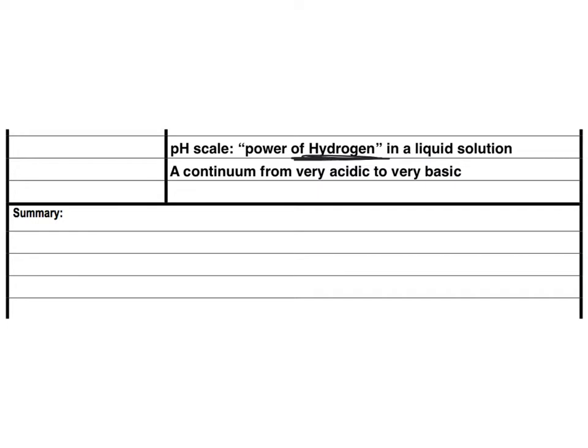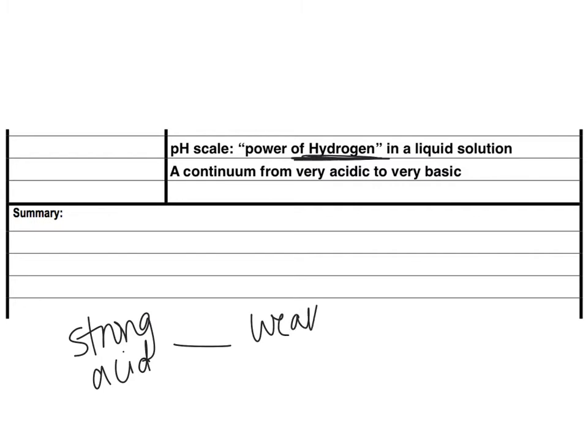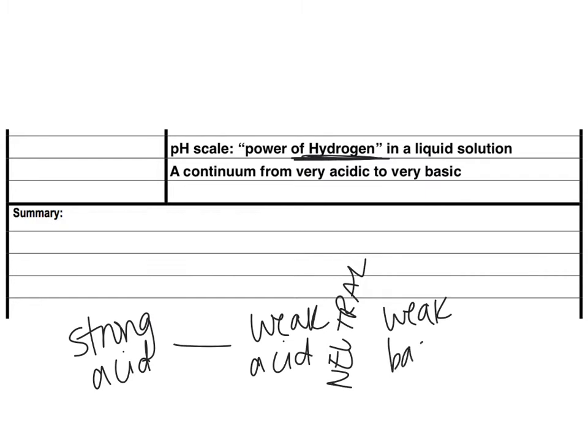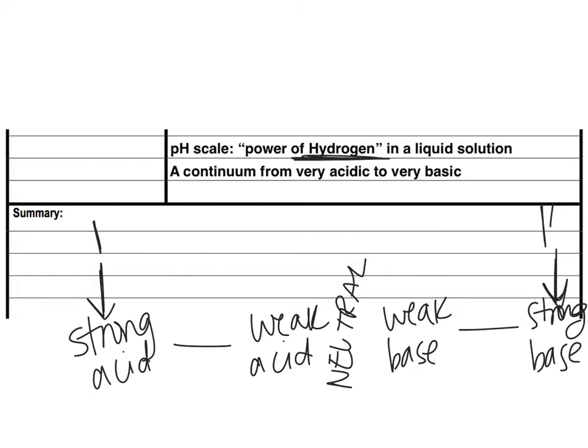And it goes from strong acid to weak acid to neutral, and then it goes back from base. But it doesn't just have a strong base, it starts with a weak base up to strong. So the two very ends are the strongest, and this is a 1, this is a 14.